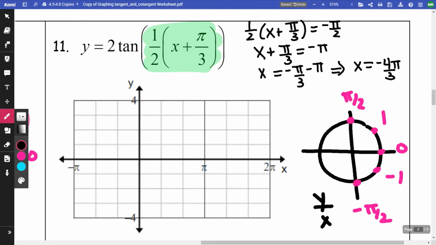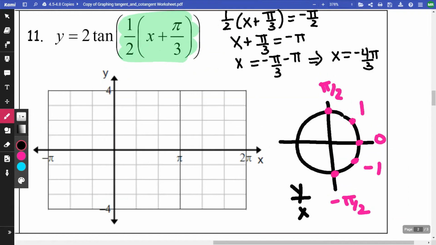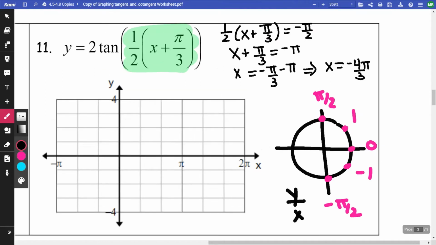Then for the other one, I am going to draw it in a different color. Say I do it in purple. I'm going to do it over here. I'm going to be taking my 1/2 times x plus pi thirds, and this time I'm setting it equal to a positive pi halves.